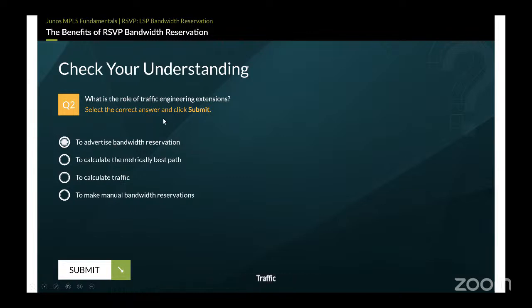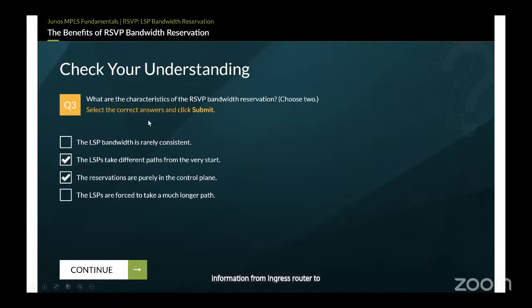Traffic engineering extensions basically advertise the bandwidth reservation information from ingress router to egress router. What are the characteristics of the RSVP bandwidth reservation? RSVP bandwidth reservations take different paths from the very start. The reservations are purely in the control plane, just managing the traffic across multiple or different links.